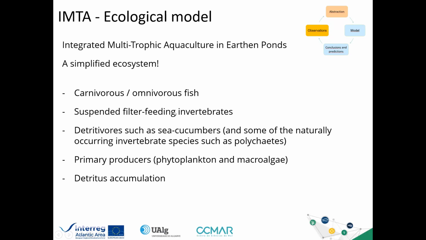We can have carnivorous or omnivorous fish, suspended filter-feeding invertebrates, detritivores such as sea cucumbers, and also naturally occurring invertebrate species such as polychaetes and some gastropods and crustaceans, and the primary producers, of course, because it's an earthen pond with all the trophic levels. So we have the phytoplankton and the macroalgae, and it's not written here, but of course we have the zooplankton, and we also have detritus accumulation in the ponds, mainly at the bottom.